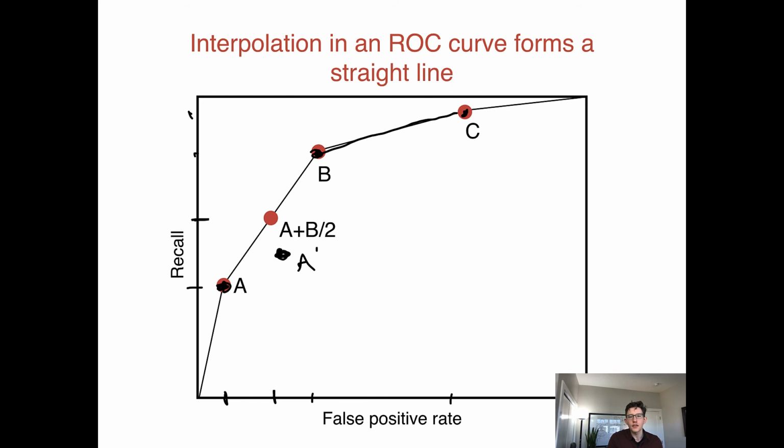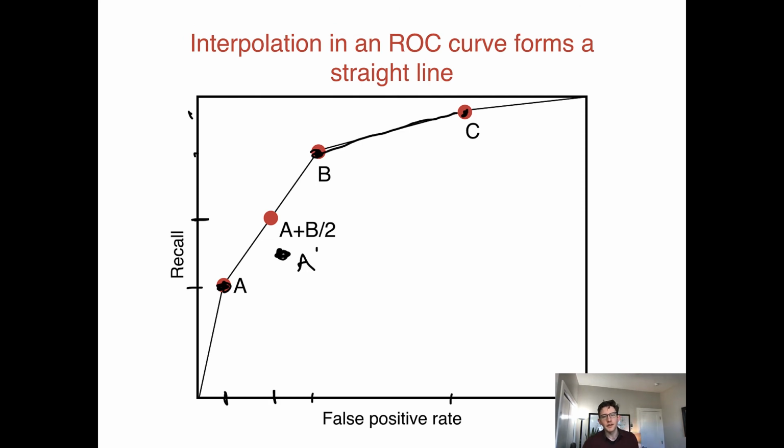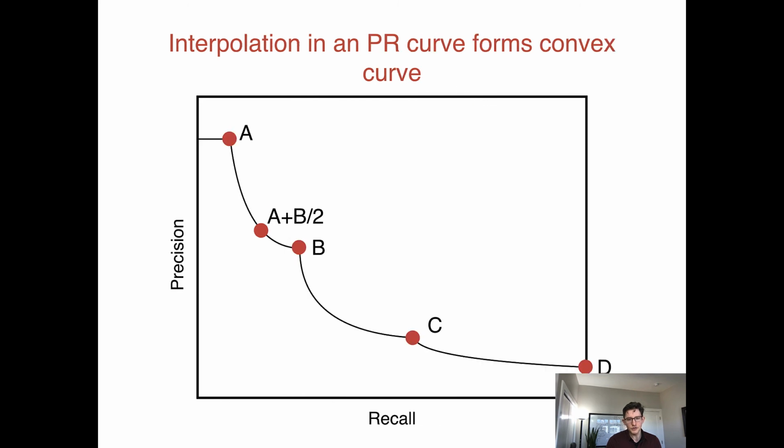That is, they'll draw lines between those points in their ROC curve. It's an intuitively reasonable thing to do. It takes a little bit of thought to realize, but we can realize that it's okay to do by making this observation, that we just pick some random fraction of our other prediction set.